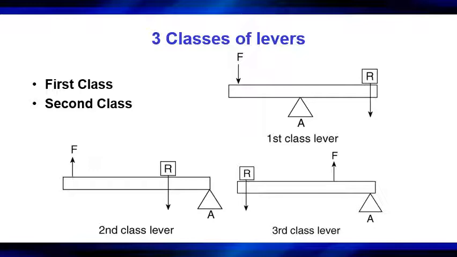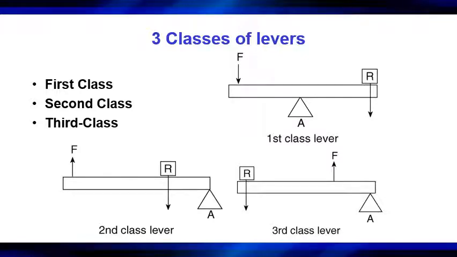You measure the resistance arm from here to here, and the force arm from here to here. The definition stays the same; you're just measuring from the axis to the point of the resistance and the force.